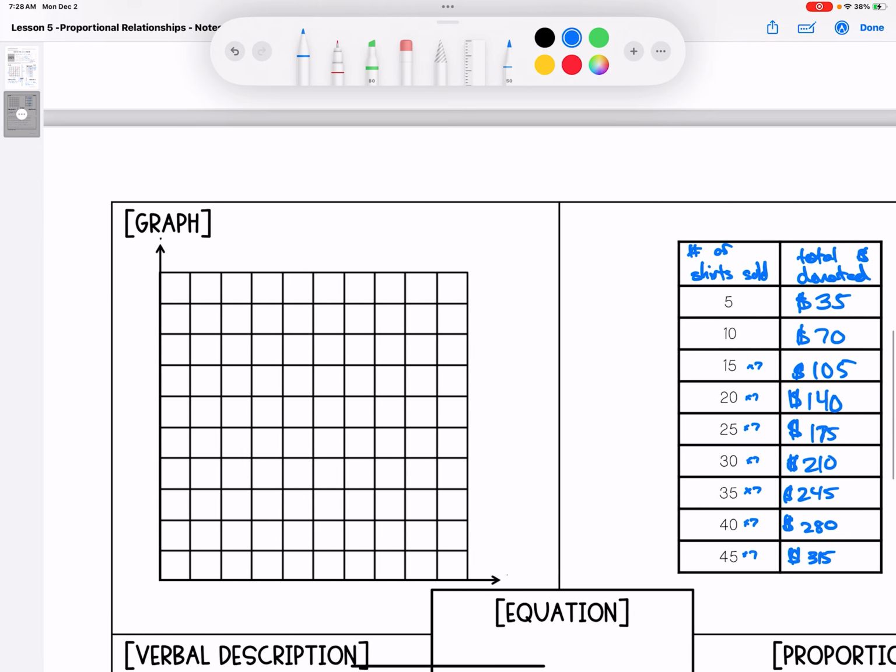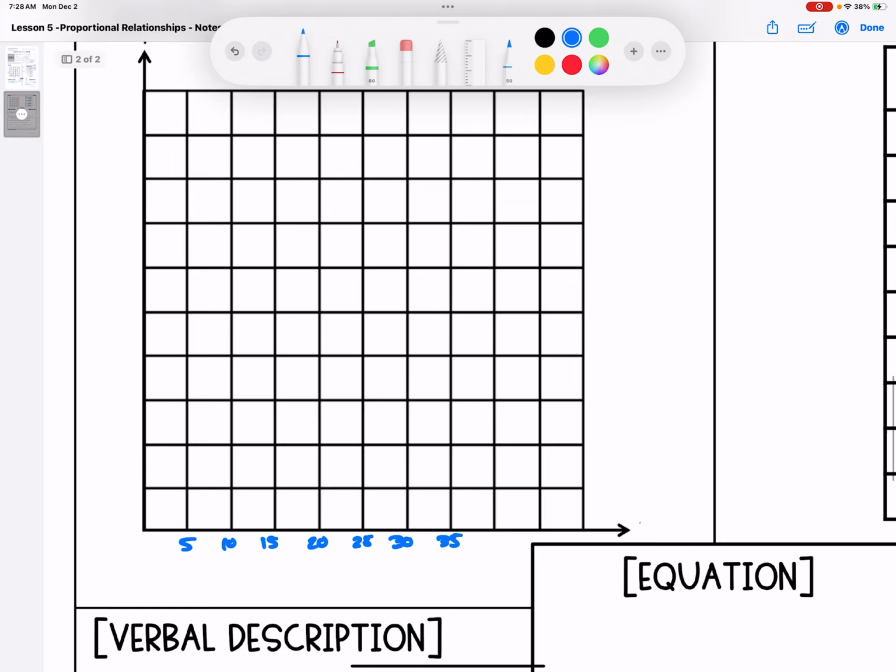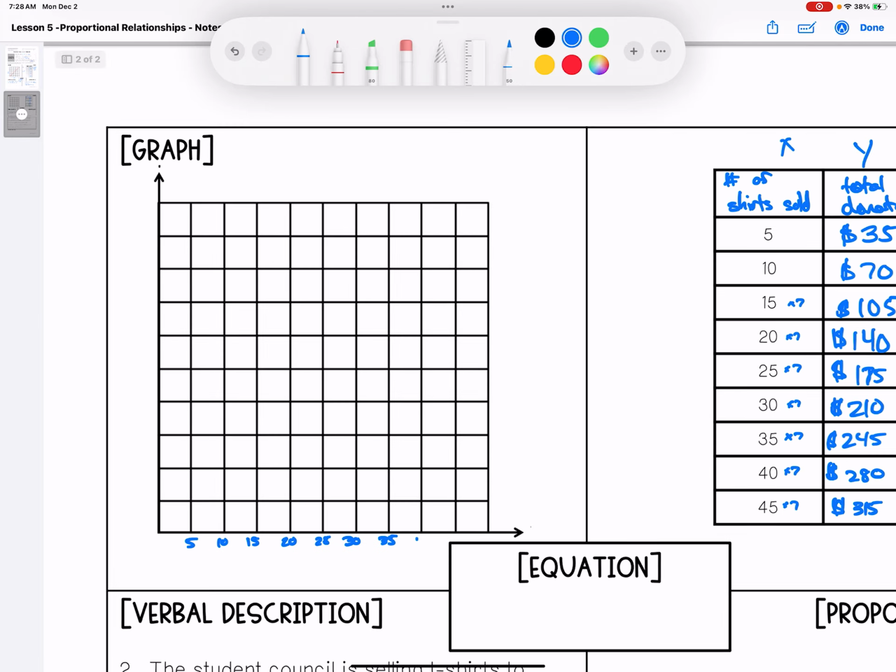All right, so let's graph it. Remember X and Y. So we're gonna count by fives on the X. And that was t-shirts sold.